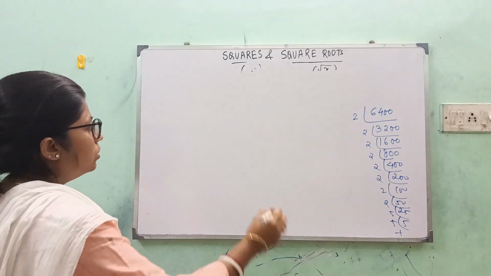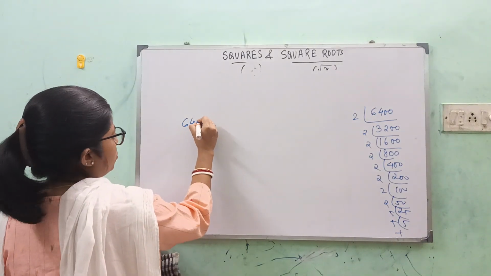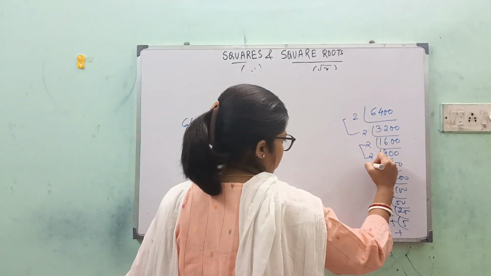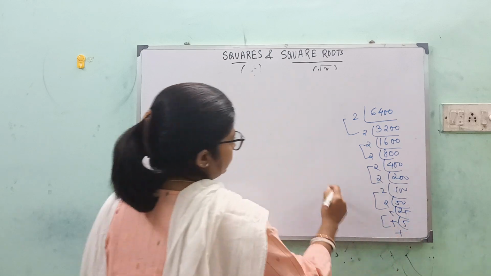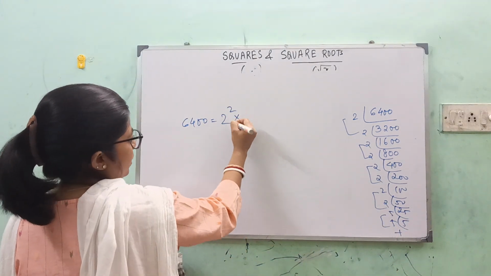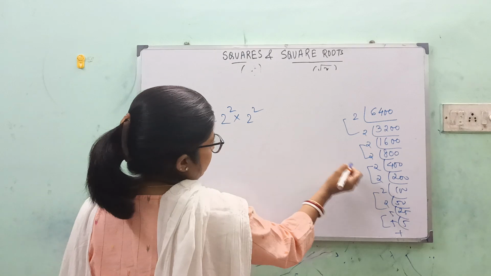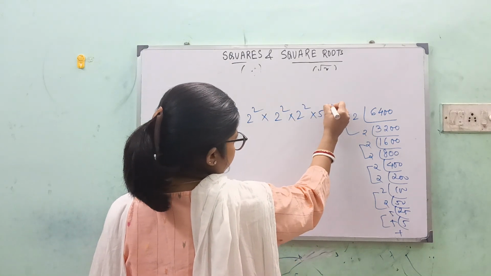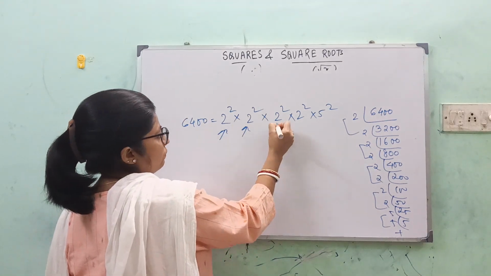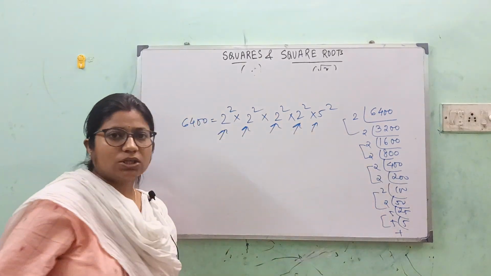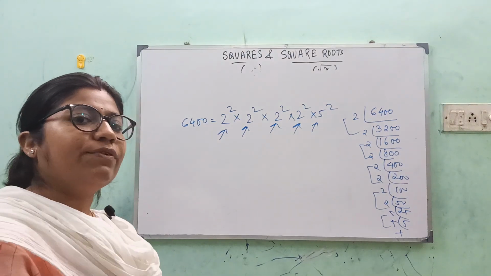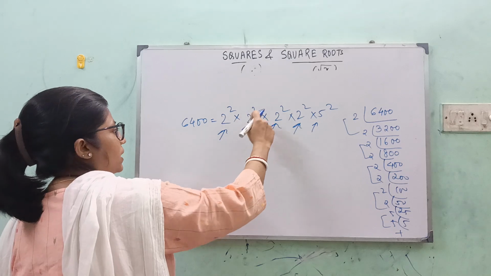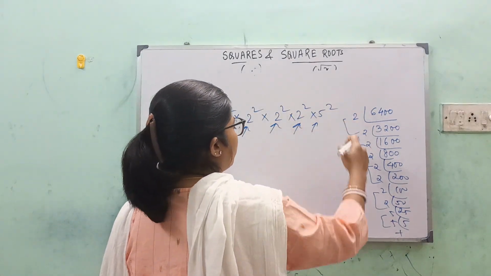So 6400 could be expressed as 2 square into 2 square into 2 square into 2 square into 5 square. So we could express each of these as product of pairs of equal prime factors. Each power 2 means it's a pair. 2 into 2, it's a pair. 2 into 2, 2 into 2, 2 into 2, 5 into 5.